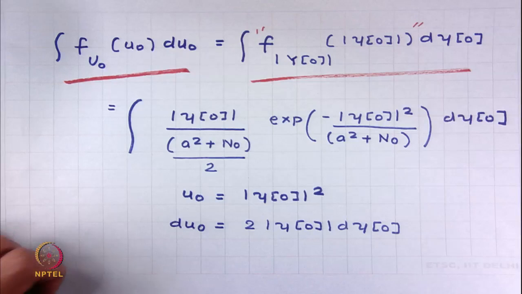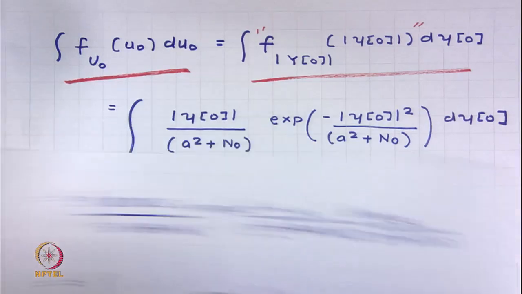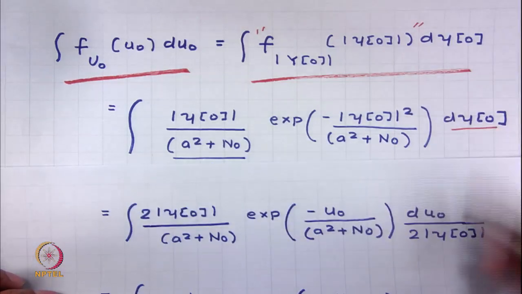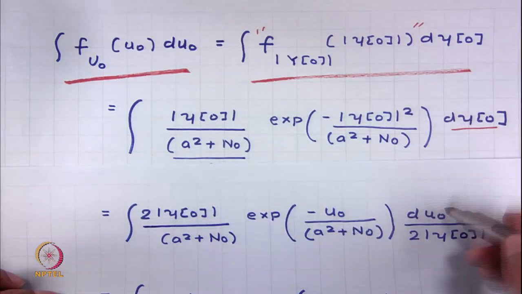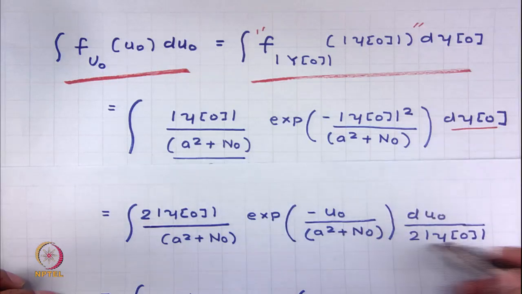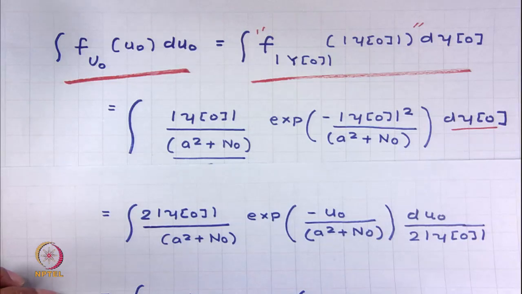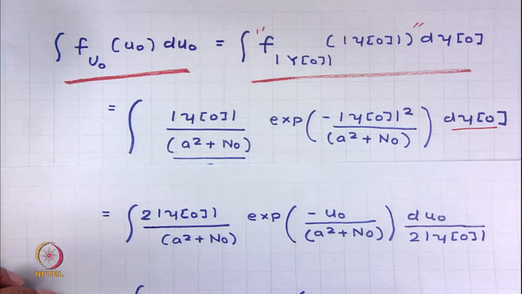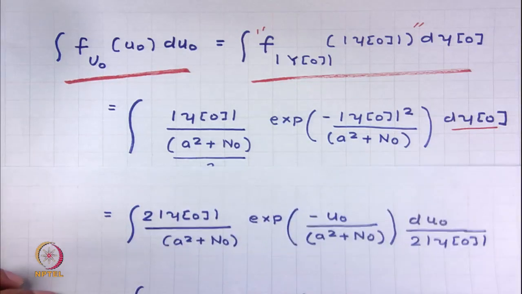Now, what I can do is, instead of d y 0, I can write d u naught divided by 2 mod of y 0. And instead of mod square of y 0, I simply write u 0, because that is what u 0 is.